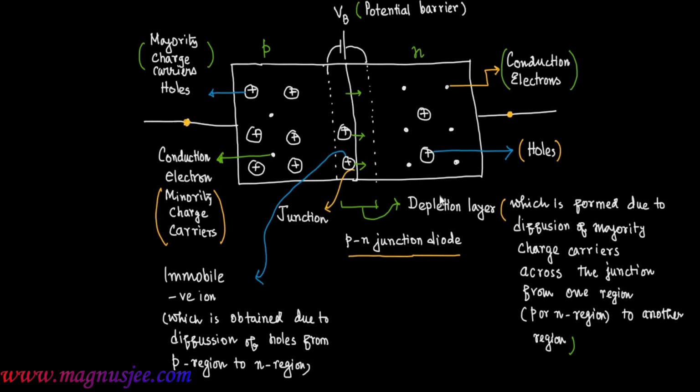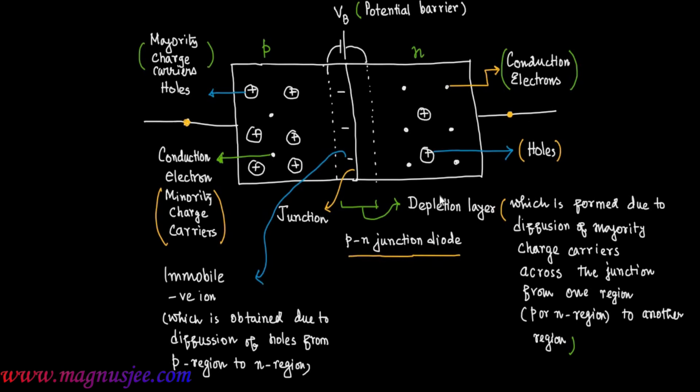And what will be the final diagram? If holes diffuse from the p region to the n region, at this position the hole has positive charge, so if the hole leaves this position, here we should have negative ions. Clear or not? In what way are immobile negative ions obtained in the depletion layer?